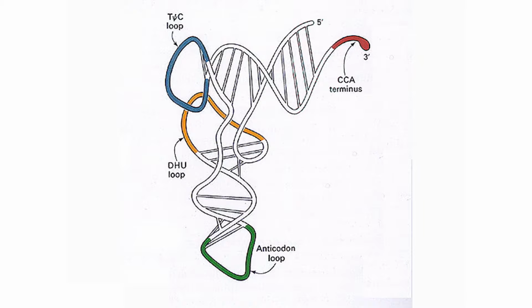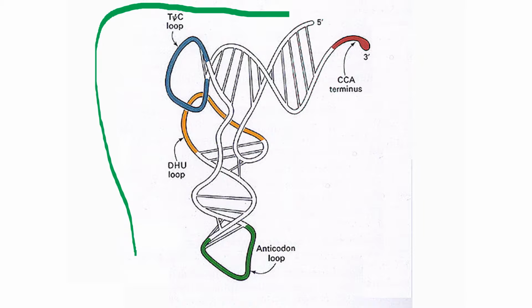This figure shows you what the tRNA looks like in its folded form, and it looks more like an inverted L, if you will, kind of L-shaped. Here's our anticodon loop, the DHU loop, the pseudouridine loop, and then again that amino acid point of attachment.